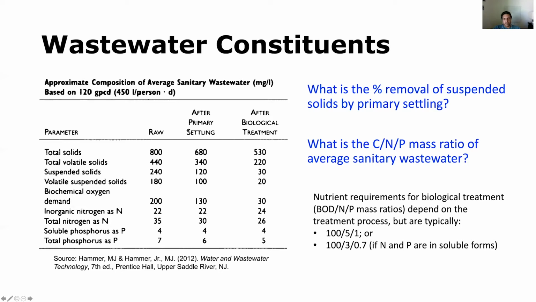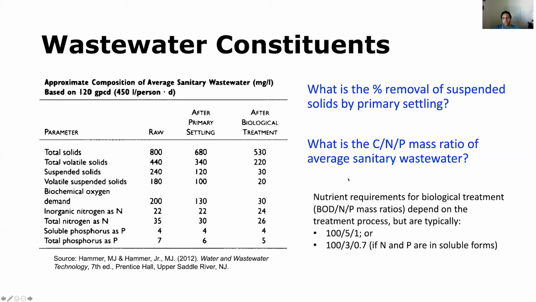And then the concentrations that you might expect to see after primary settling, and finally after secondary biological treatment. So you can see that some of these constituents are significantly reduced during primary and secondary treatment, whereas others, such as nutrients, especially phosphorus and total nitrogen, may really only be reduced by a small amount or might stay consistent.